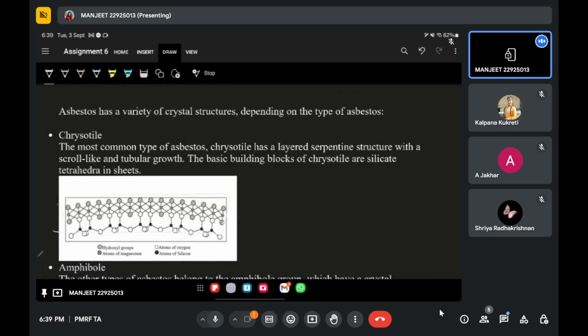So this is also a 2D kind of framework, not the 3D one, and they are layered in such a way that they have tubular or scroll-like growth. The basic unit is the silicate tetrahedra in sheet form, so they are having the 2D framework.